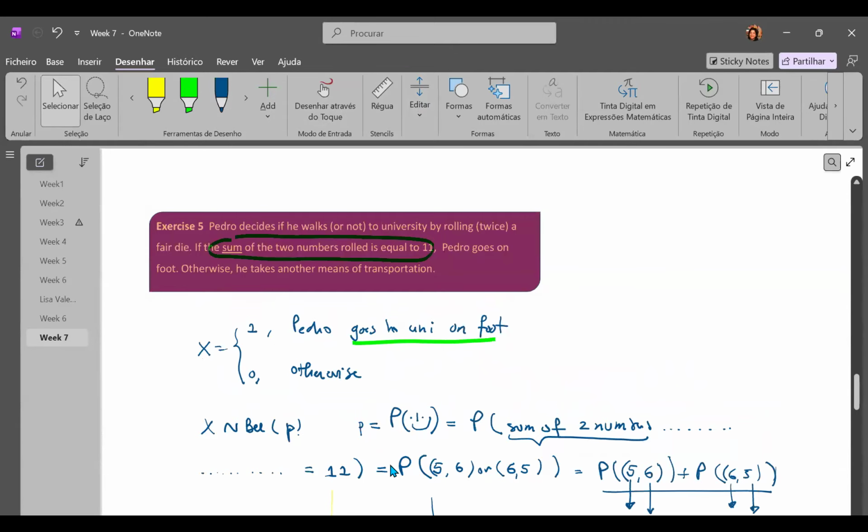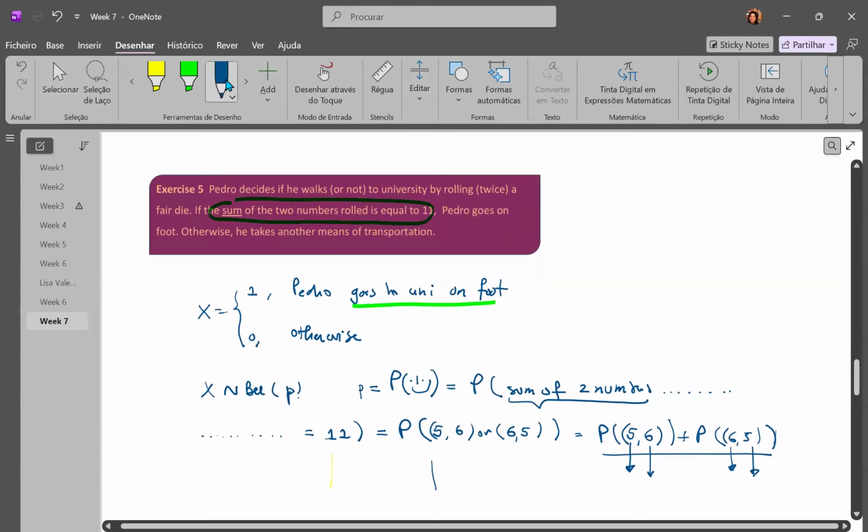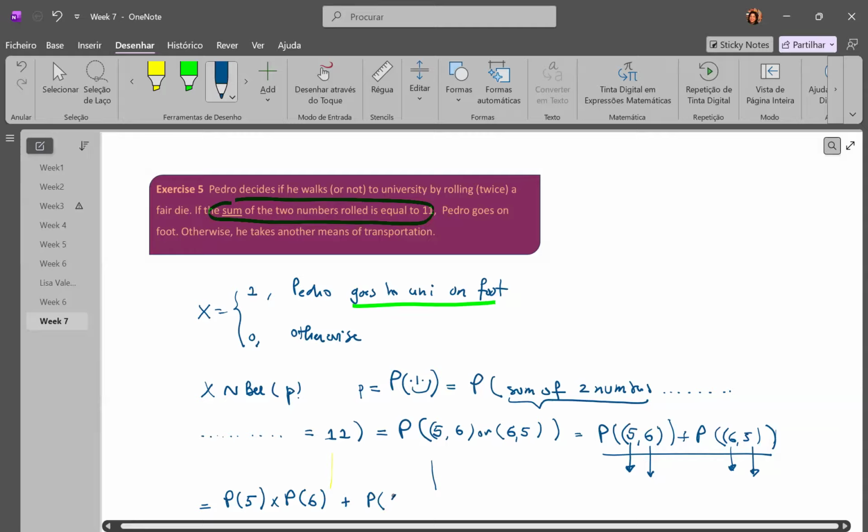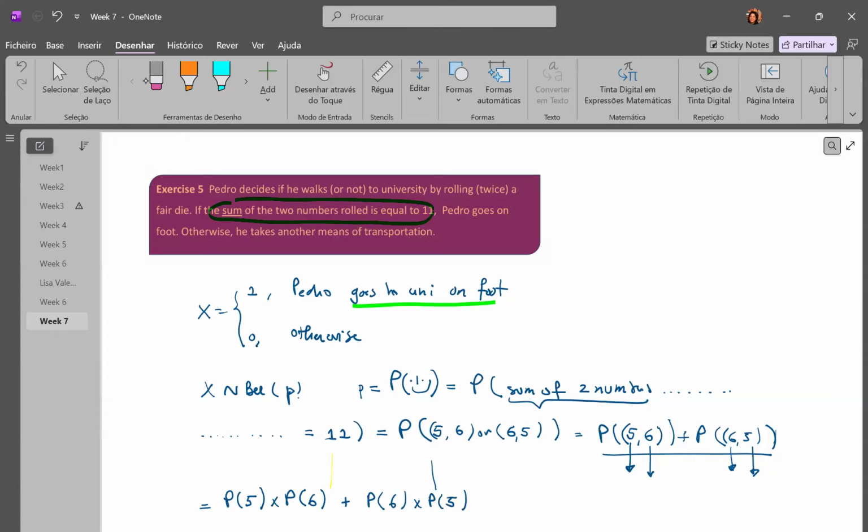So what we need to do is determine the probability of the first die getting 5 times the probability of the second die getting a 6, plus the probability of the first getting a 6 times the probability of the second getting a 5. Is everyone okay? Please let me know if there is any kind of question.